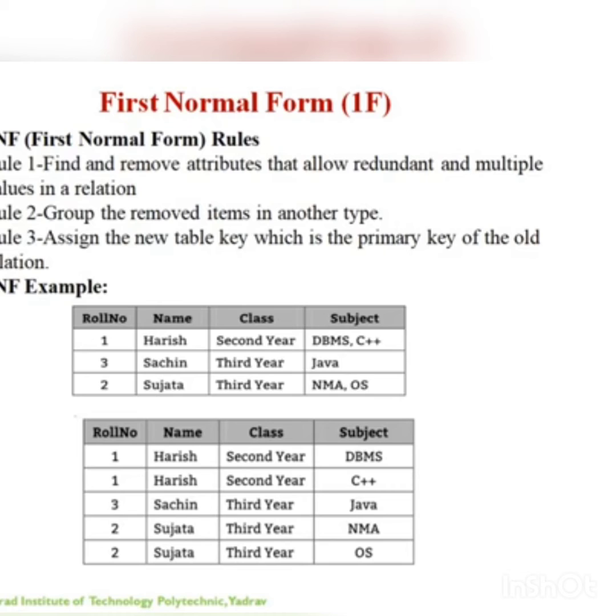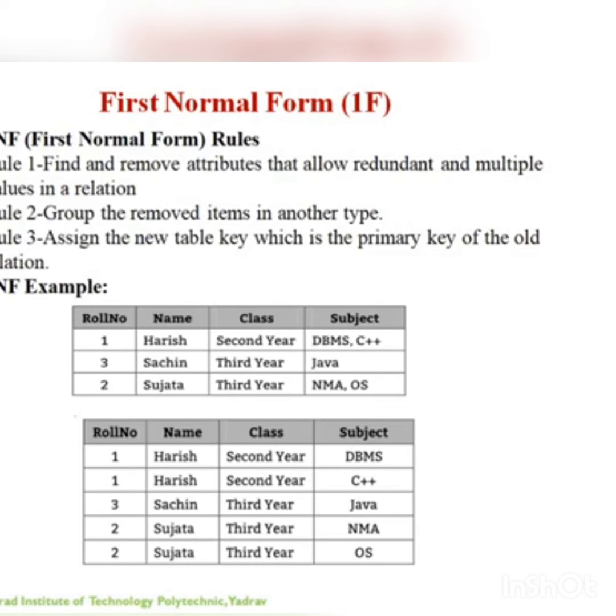We have stored the data in the order we wanted to, and we have not intermixed different types of data in columns. But now what happens here? Out of the 3 students in our table, 2 students have opted for more than one subject.